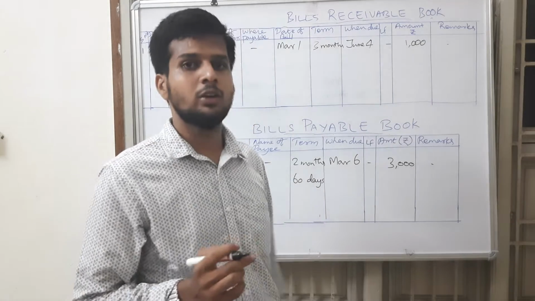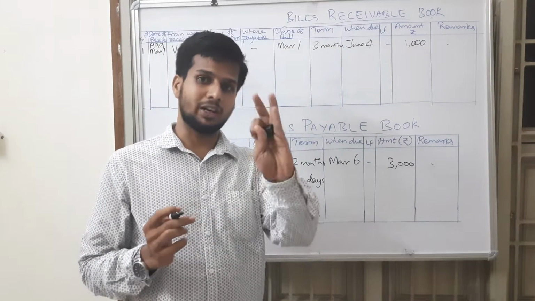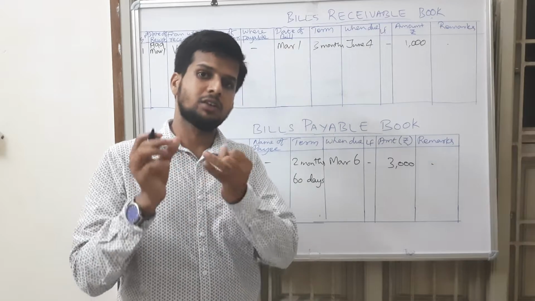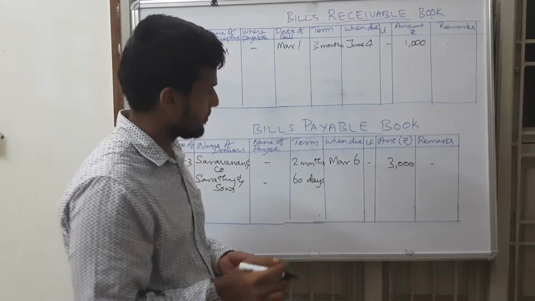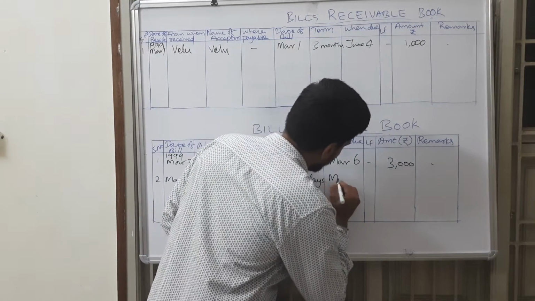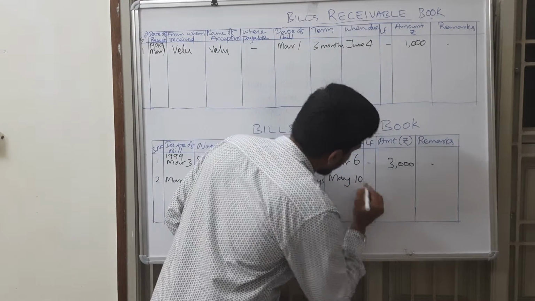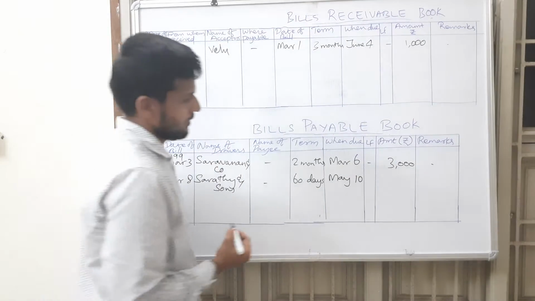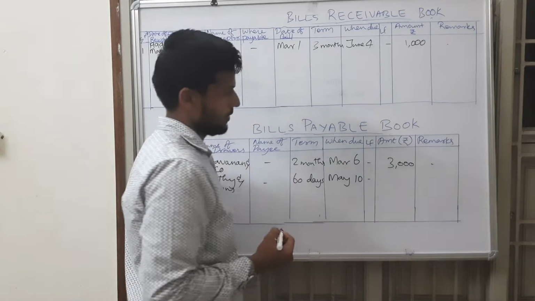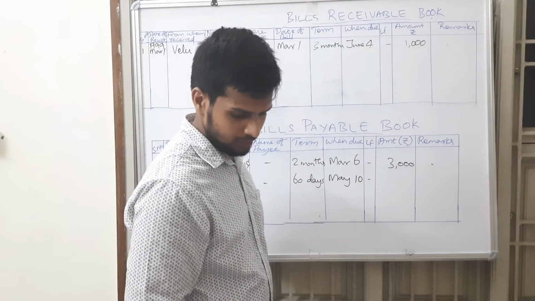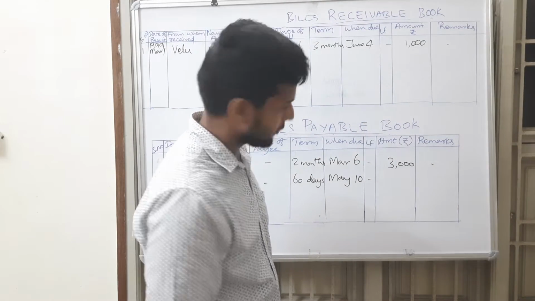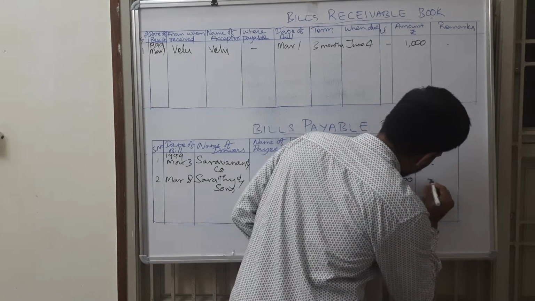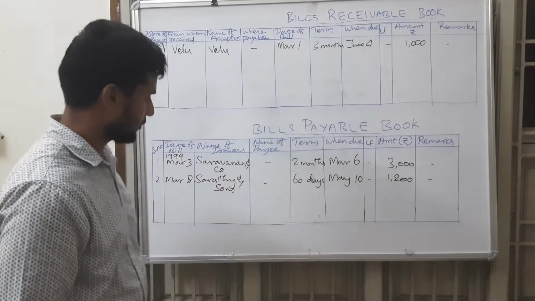Plus we need to add 3 more grace days: May 8th, May 9th and May 10th, right? So May 10th is the due date for this bill. Ledger folio we put a hyphen, and the amount of this bill is 1200, right? There is no remarks.